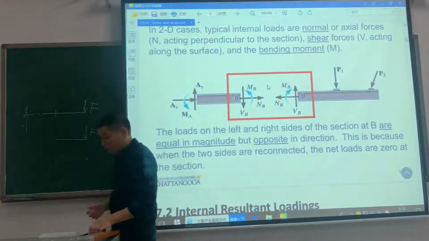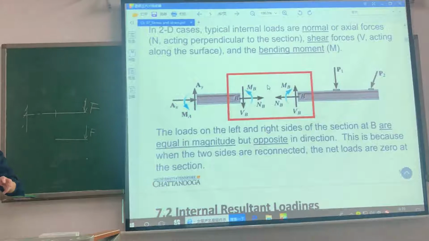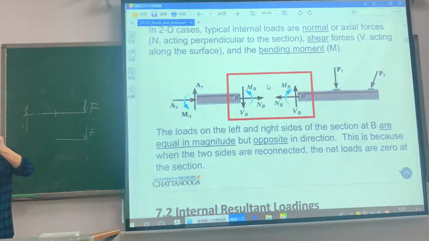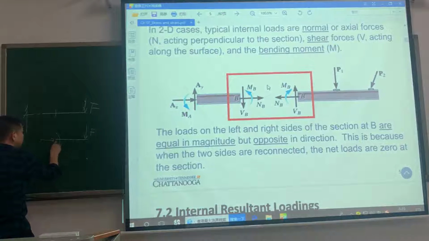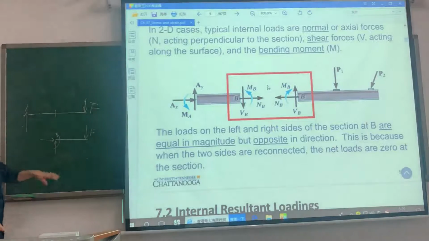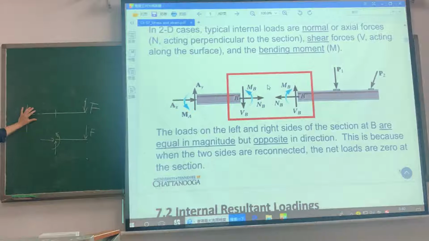So for a rod, one part is a fixed end to the other part. So the free body diagram we have to draw like this.